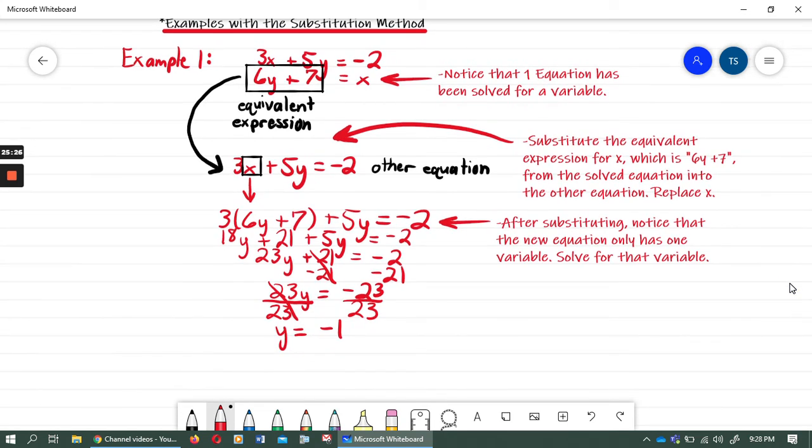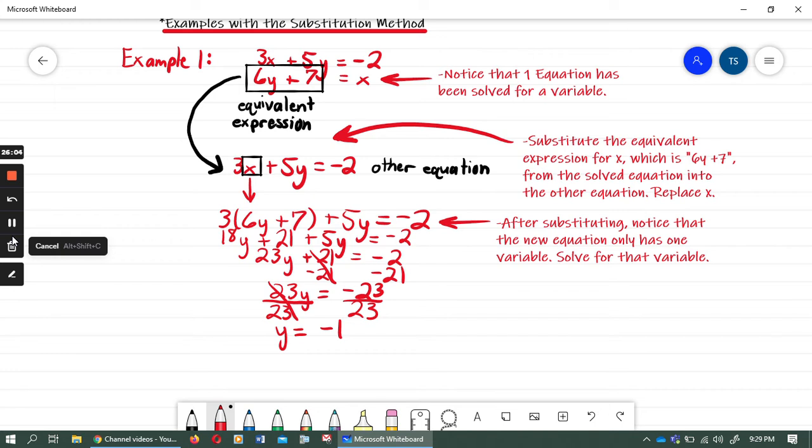So guys, after you have found the value for one of the variables, what you need to do is substitute that value back into one of the equations to solve for the other variable. We now know that y equals -1, so we can choose either one of these two equations, plug in the value of -1 for y, and then solve for x, the other variable.